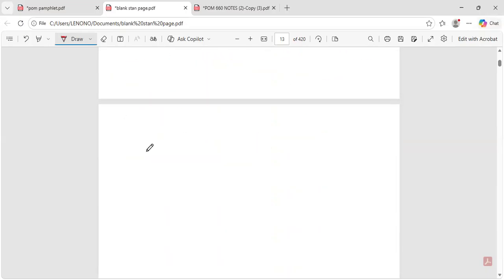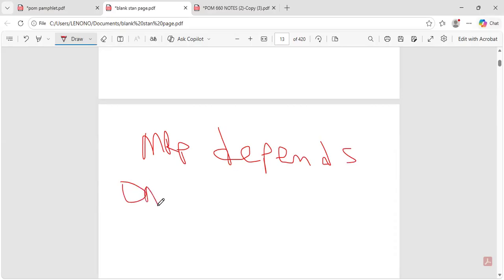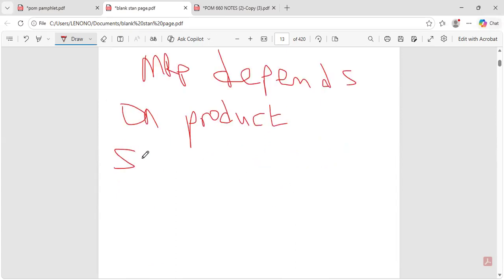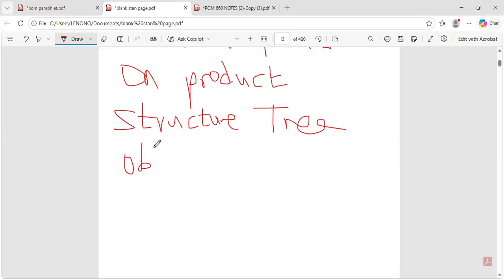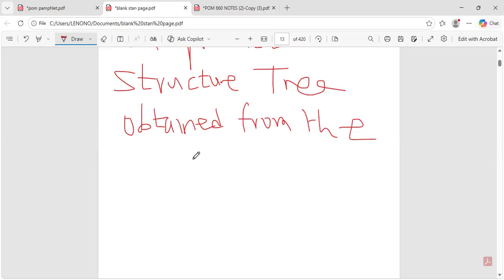Now, MRP depends on product structure. The product structure is obtained from the information given in the question.